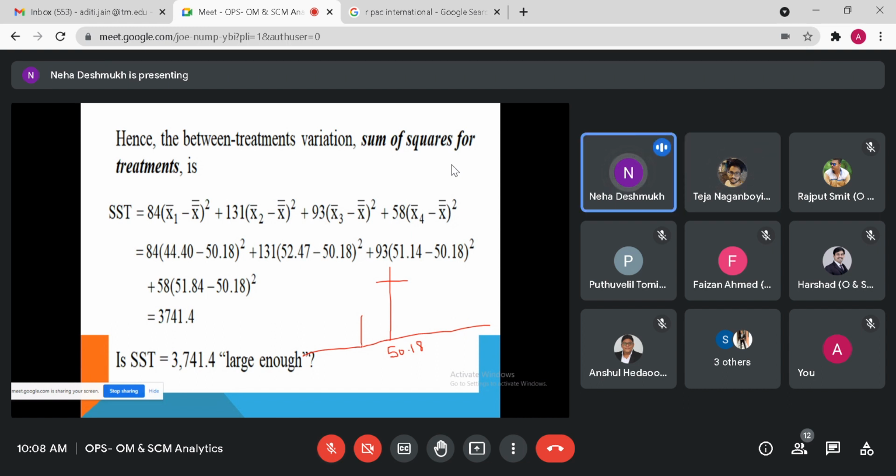It depends. If your 0 is here, then it will be on the left side, right? Yes, ma'am. If we are considering 50.1 as a mean, then definitely 44.40 will be on the left side. Yes, ma'am.